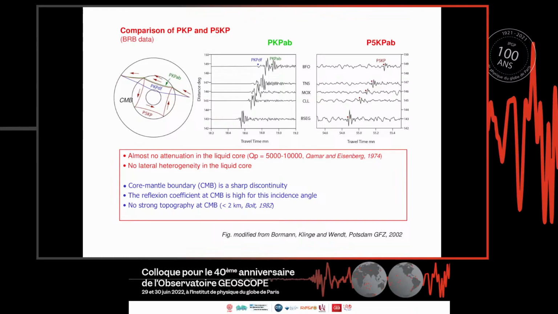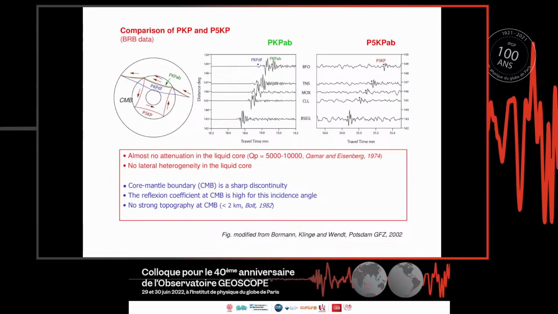But what you see also, in this record of Black Forest, is a shape similarity between PKP and P5K. And this simple observation demonstrates many things. First, that the liquid has a high quality factor. You are still able to see the wave after a long path.